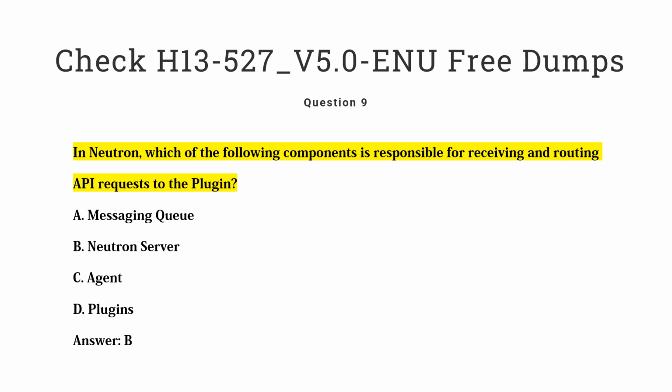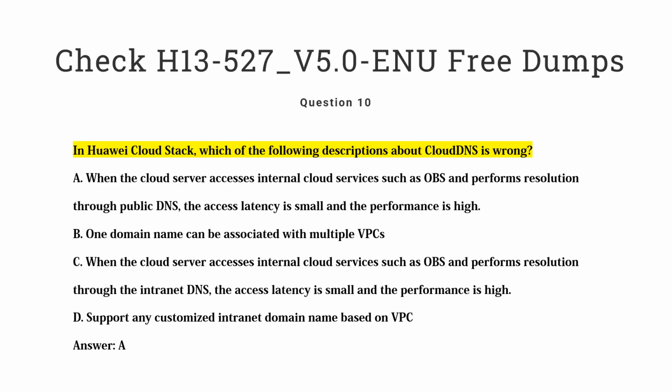In Neutron, which of the following components is responsible for receiving and routing API requests to the plugin? A. Messaging queue. B. Neutron server. C. Agent. D. Plugins. Answer: B.